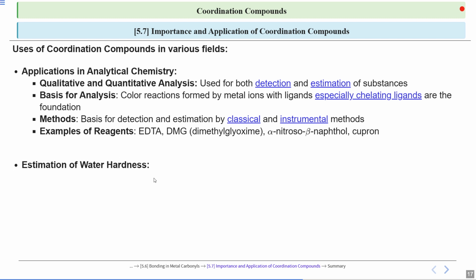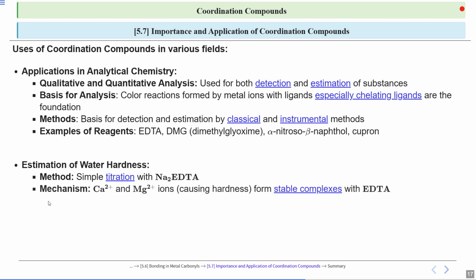Estimation of water hardness. Water hardness is estimated by the method of simple titration with Na2-EDTA. Okay, now we are doing the titration with this coordination compound, Na2-EDTA. The mechanism involves the calcium 2 positive and magnesium 2 positive ions, which are the cause of hardness, due to which the water gets hardened.